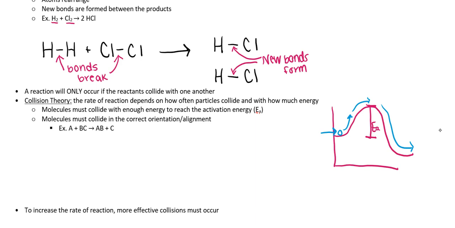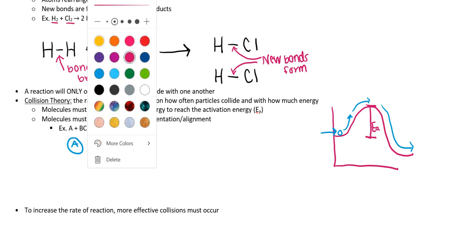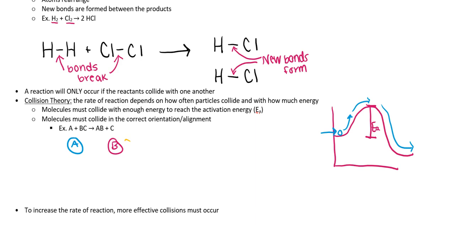Next, molecules must collide in the correct orientation or alignment. So let's say I had this reaction A plus BC. Let's say this is A, B, and C. So if A collides with B, we can form AB.